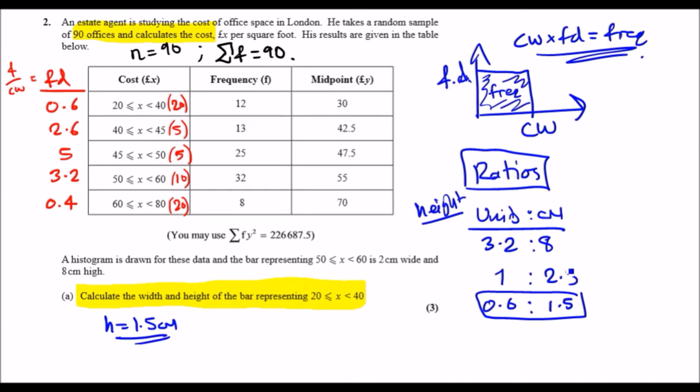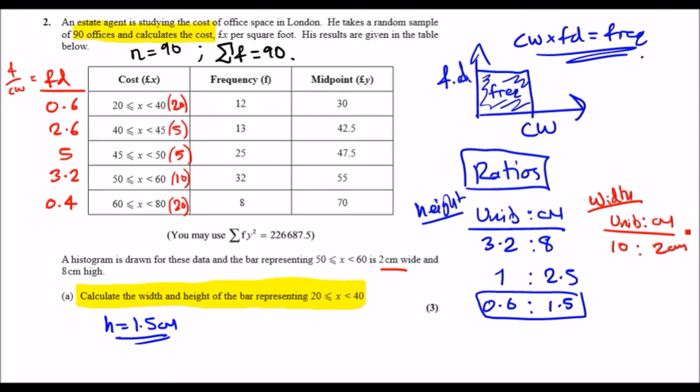As for the width now, let me change to red. We do the same thing for width. So we go from units to centimeters. According to the 50 to 60 bar, the width is the class width here. So the width is 10. 10 units represent, according to the data, 2 centimeters.